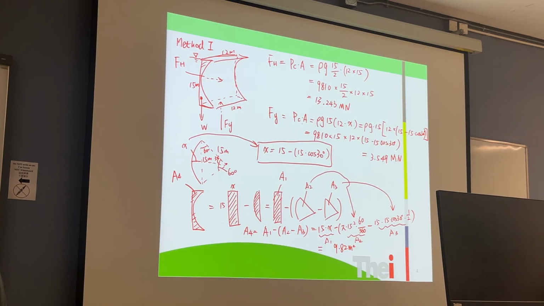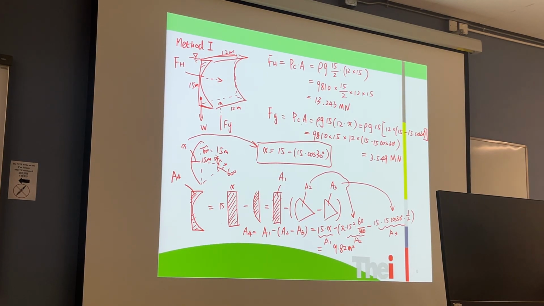Okay, 9.82 meters squared. This area, okay, is 9.82 meters squared. Is that okay?